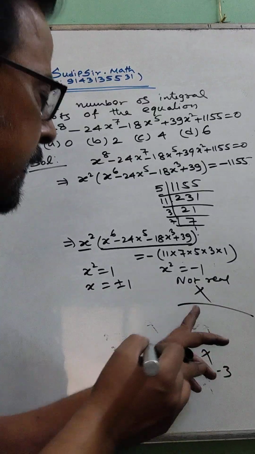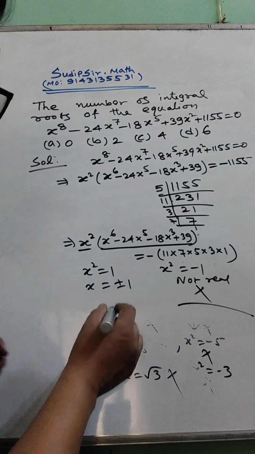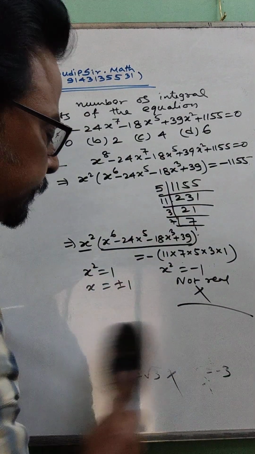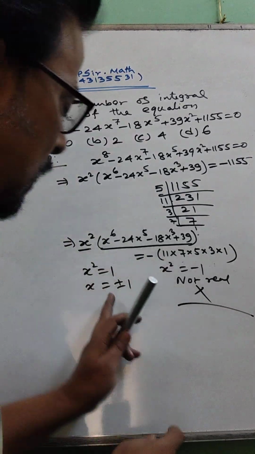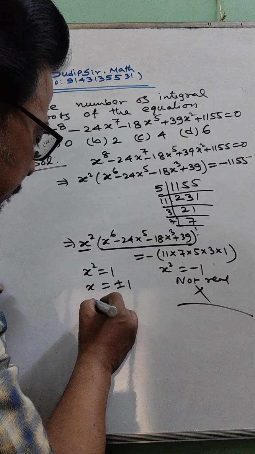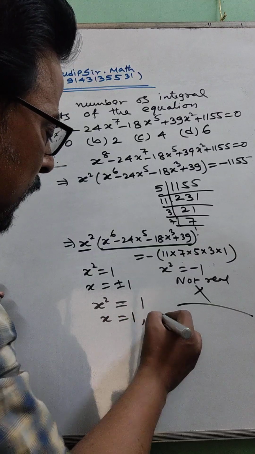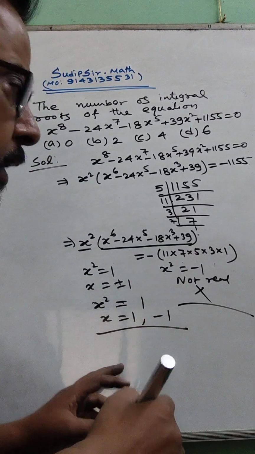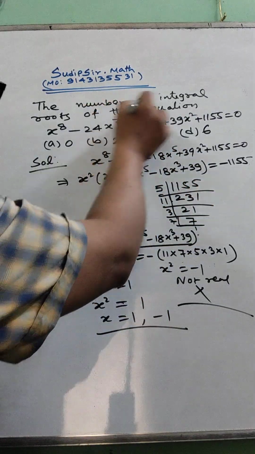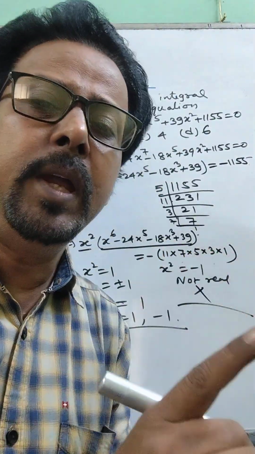So from this only we can get an integer. So if x square equal to 1, we get x equal to either 1 or minus 1. We may get an integral solution, but we have to check it.